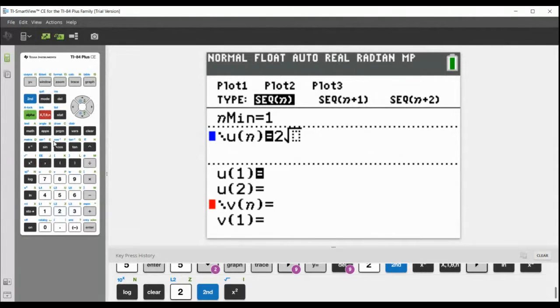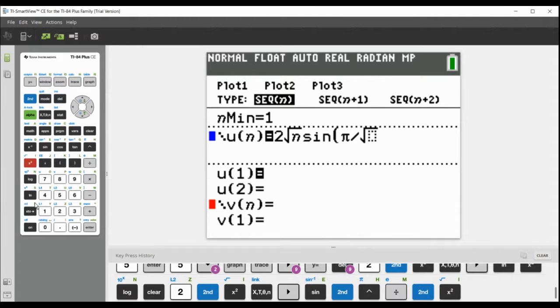2 times the square root of n times the sine of pi divided by square root of n.